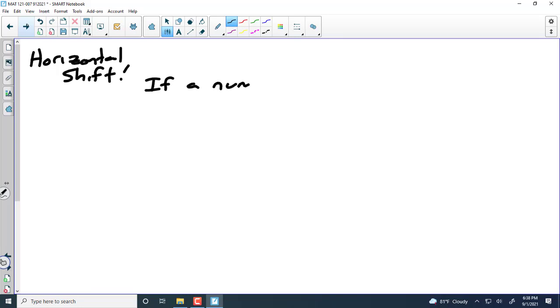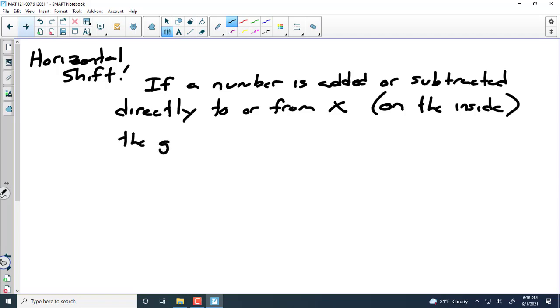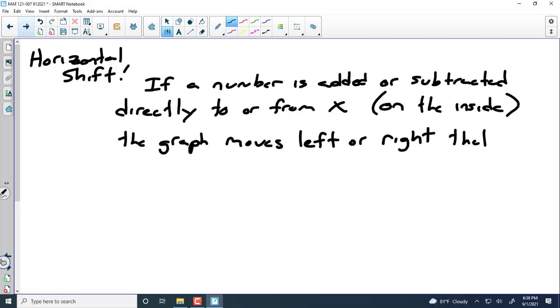If a number is added or subtracted directly to or from x on the inside, the graph moves left or right that many units.